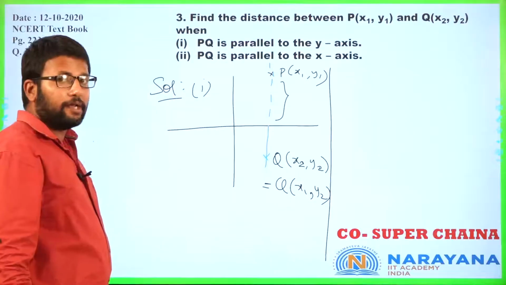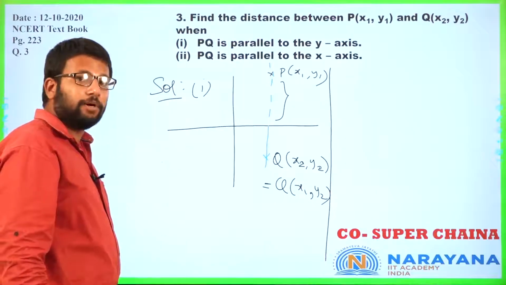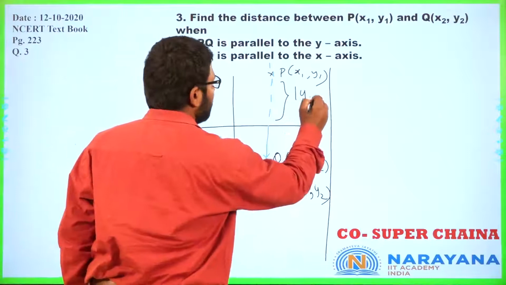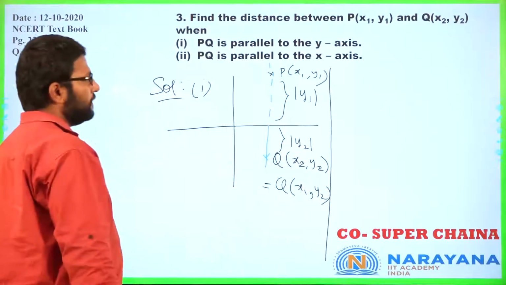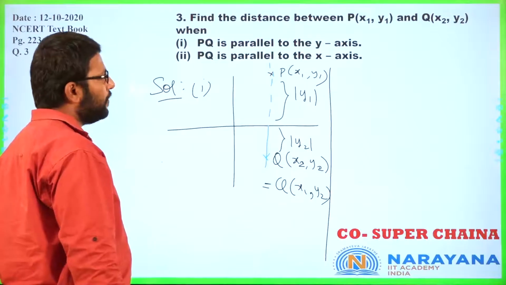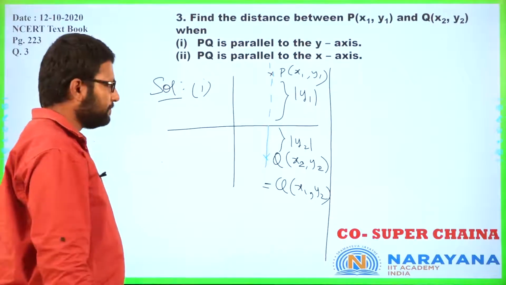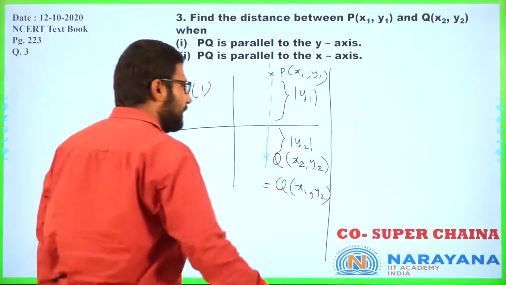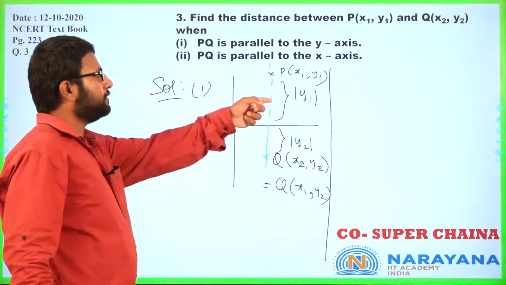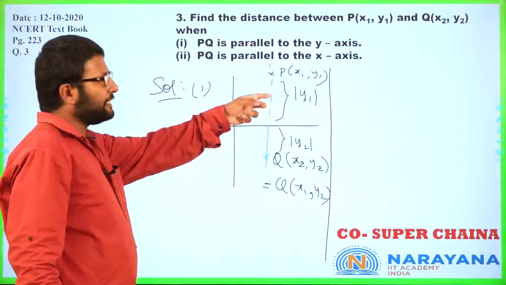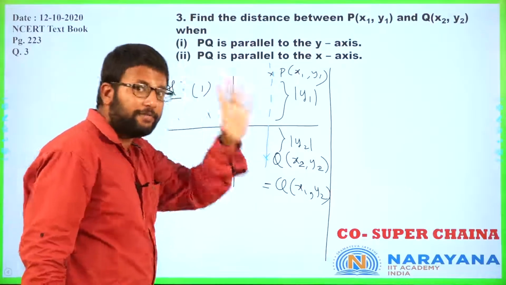Like I told you earlier, instead of taking the coordinate, we will take mods. This distance is mod y1 and this distance is mod y2. Correct? So should we just go with mod y1 plus mod y2? In this particular case that works, but what if Q was over here? In which case mod y1 plus mod y2 will give you a completely different answer.